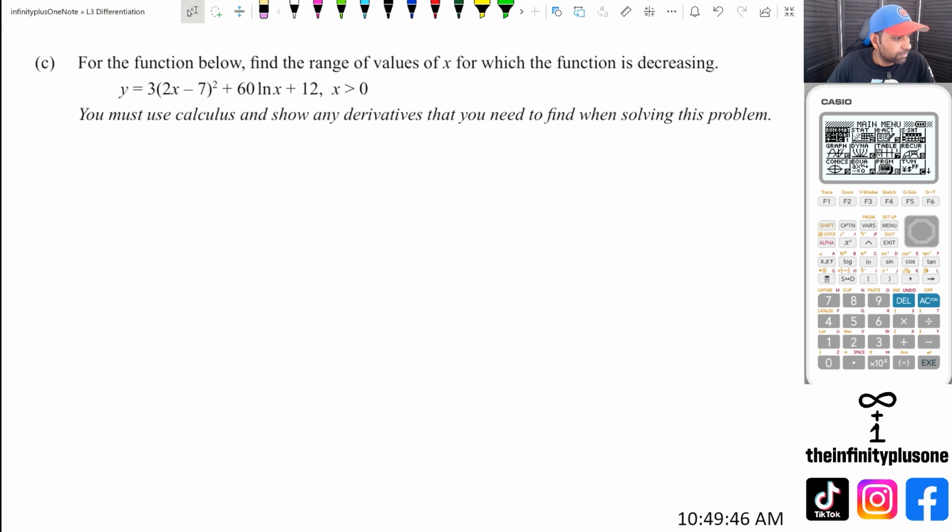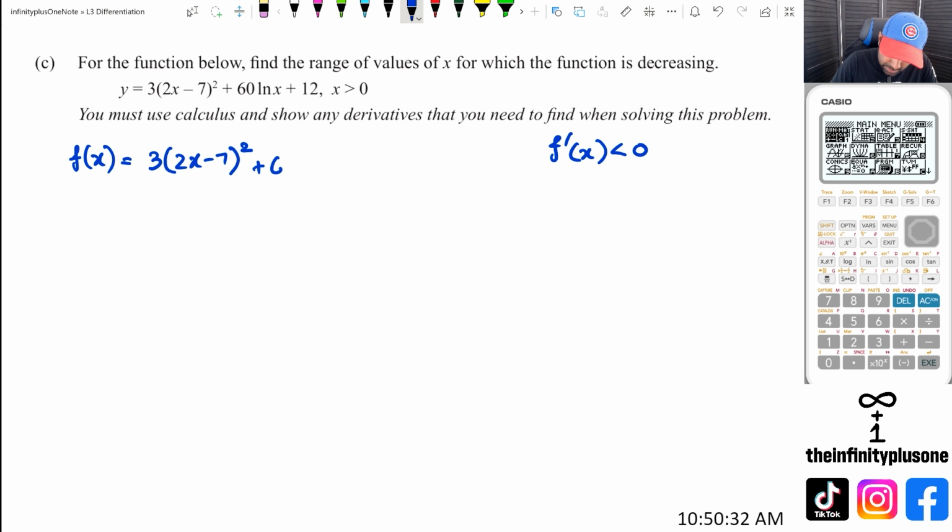All right, so for the next question, what we've got is a function and we need to figure out when this function is decreasing. For a function to be decreasing, we are looking for when the gradient is less than 0. So we're going to work that out. We've got f of x equal to 3 times (2x minus 7) squared plus 60 ln of x plus 12.